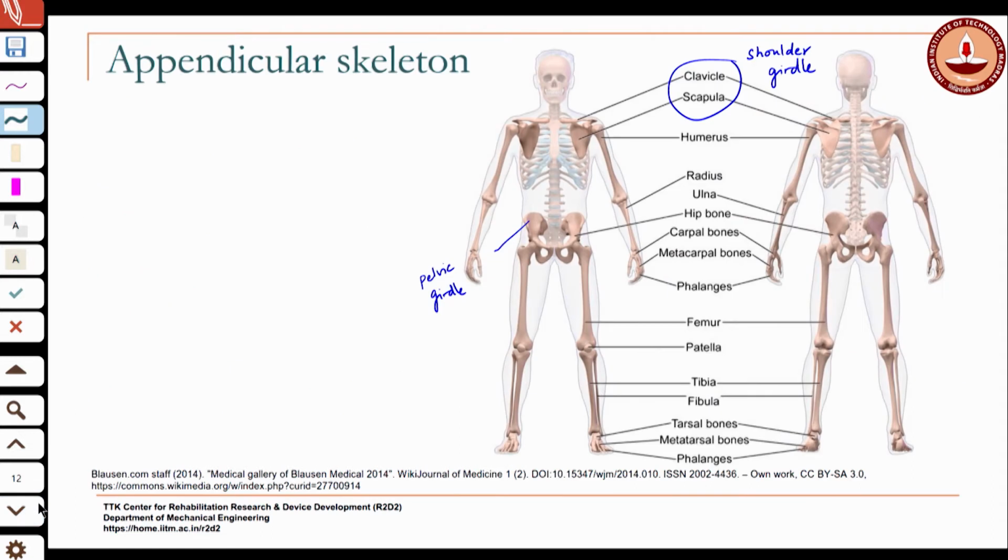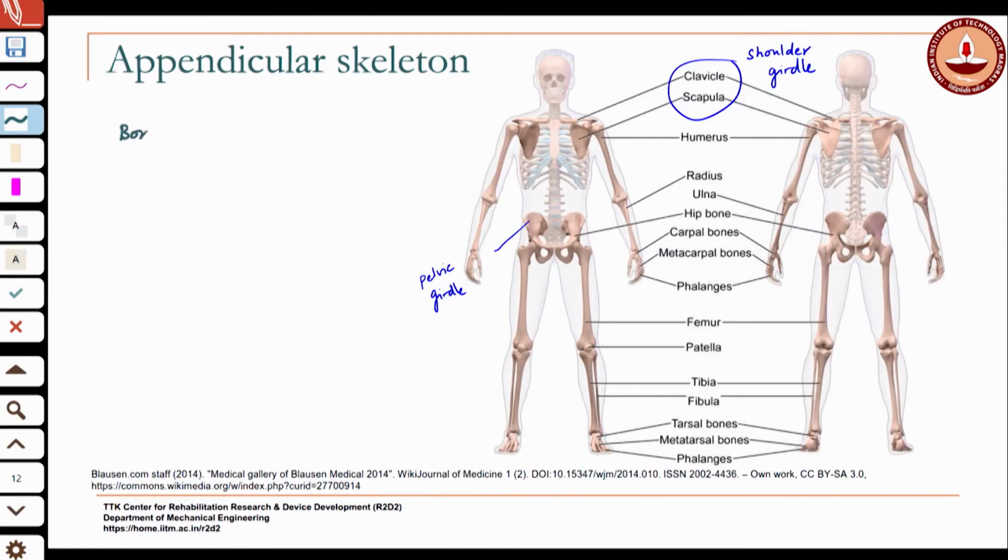If you look at the appendicular skeleton, you will notice that most of our movement happens through it. You have your arms and your legs, which are responsible for most of the movements that we make, so the appendicular skeleton is very mobile.